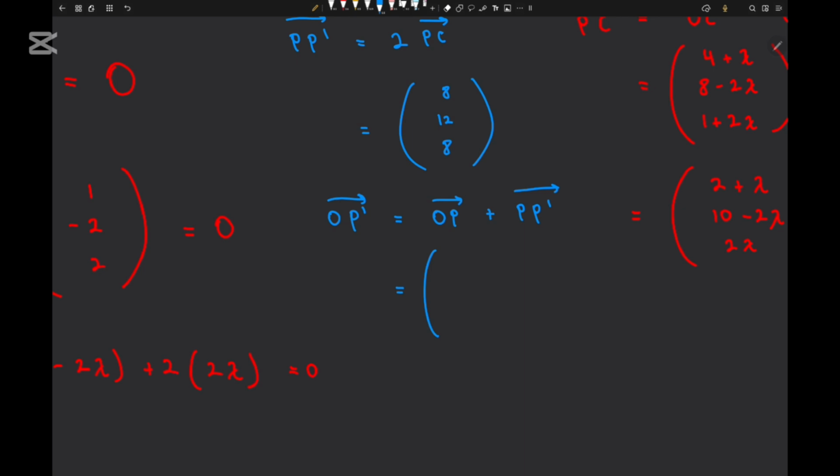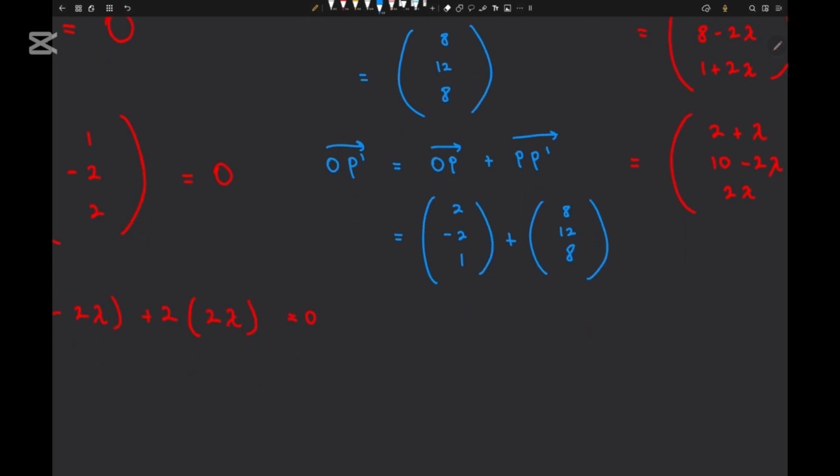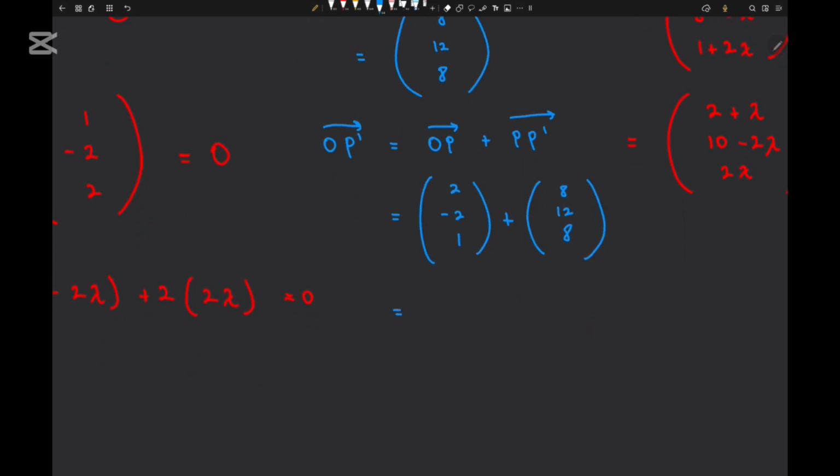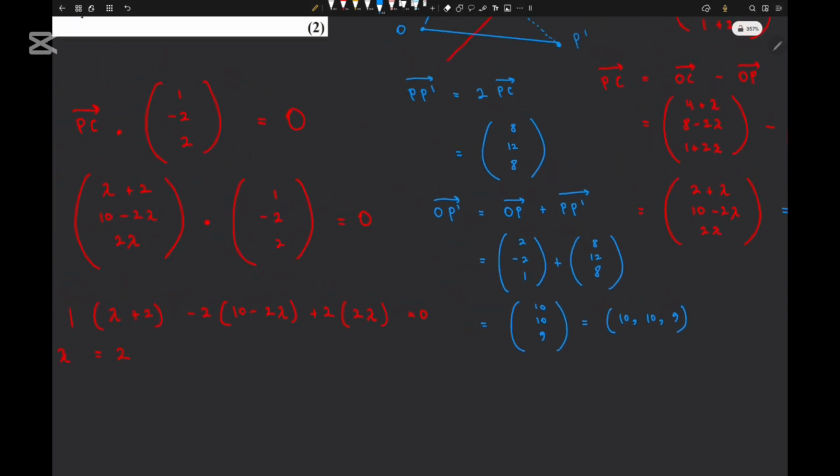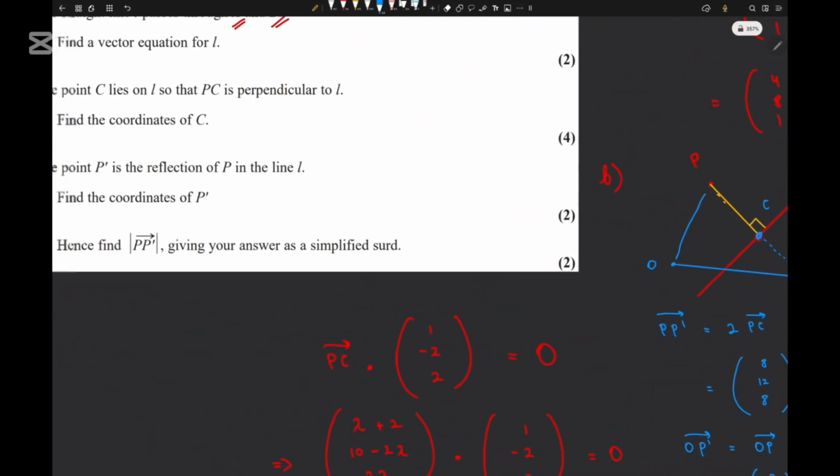The OP vector is (2, -2, 1) and the PP prime vector is (8, 12, 8). So this will be equal to (10, 10, 9). So the coordinates of P prime will be (10, 10, 9). So this is the answer to the third part.